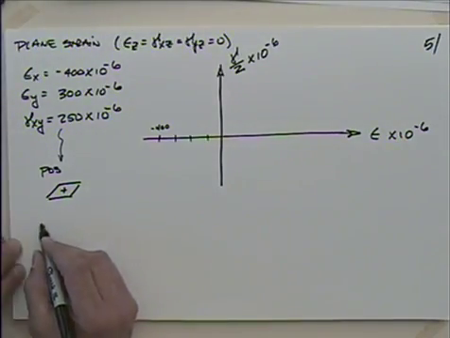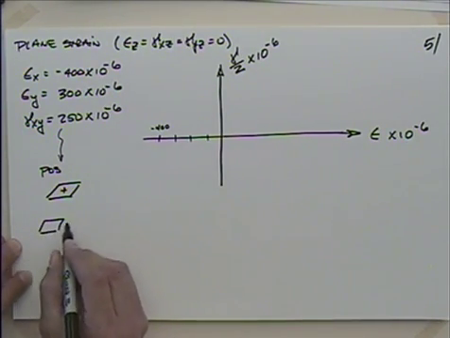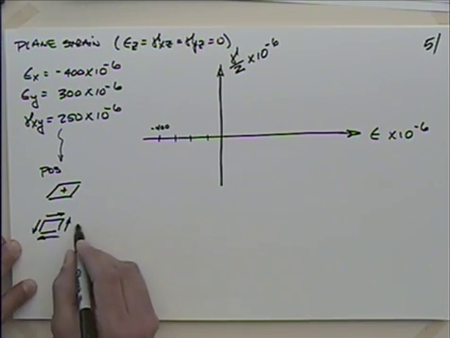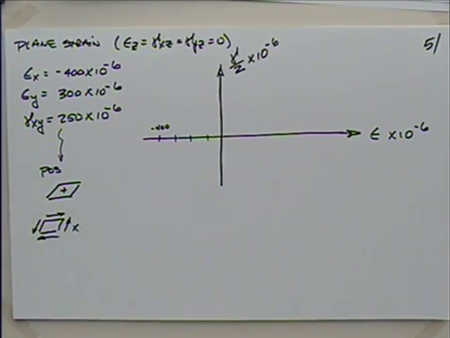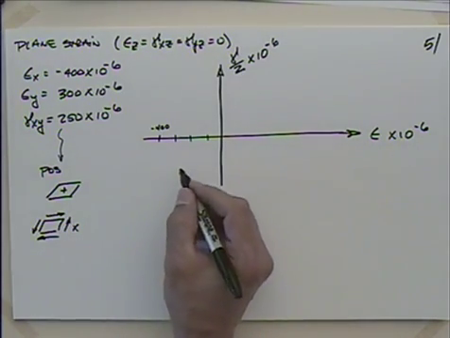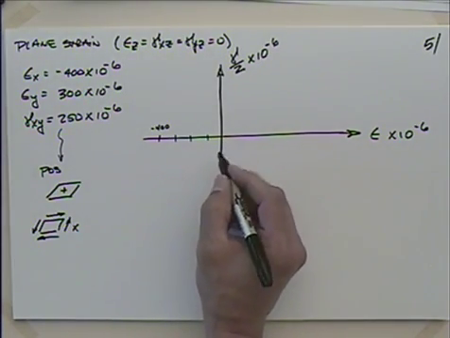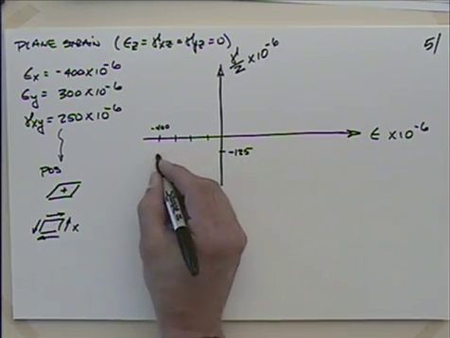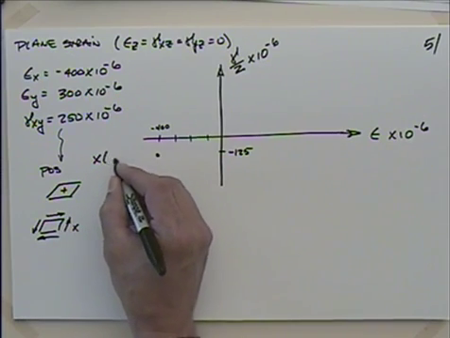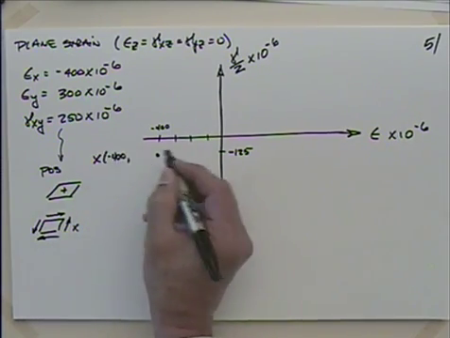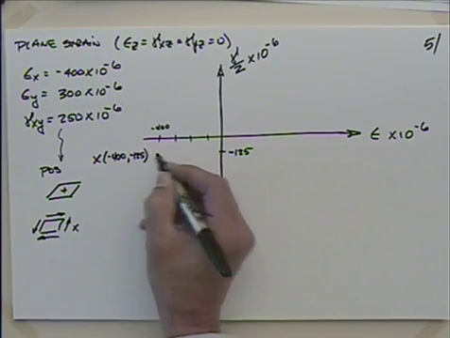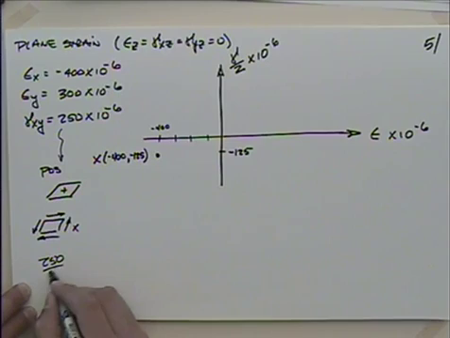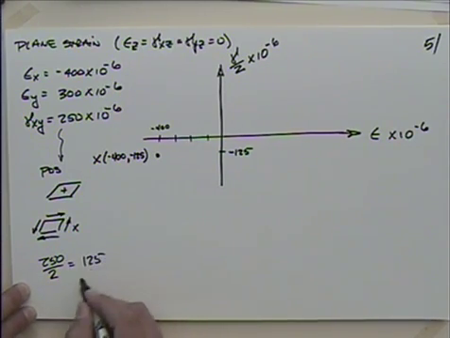So with that, I'm looking at an element that's going to have stresses this way to make that happen. On the x-face, it would tend to rotate it counterclockwise, so we're going to plot this thing negative. I need to find the point that is down here at minus 125. So there is x at minus 400, minus 125. Where did the 125 come from? 250 divided by 2 is equal to 125, right?